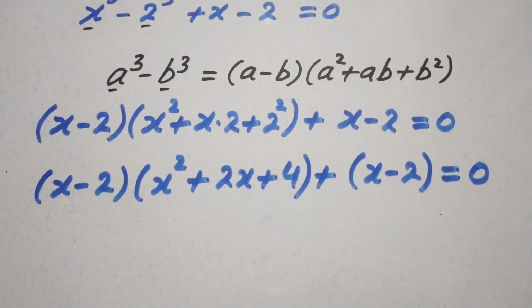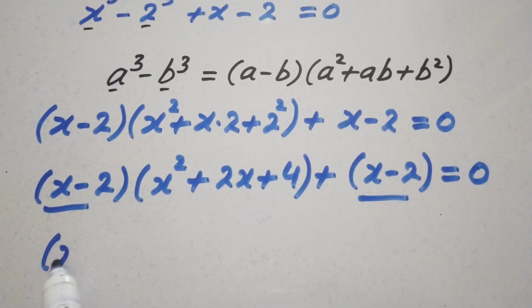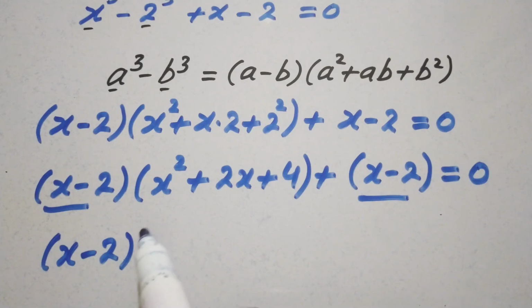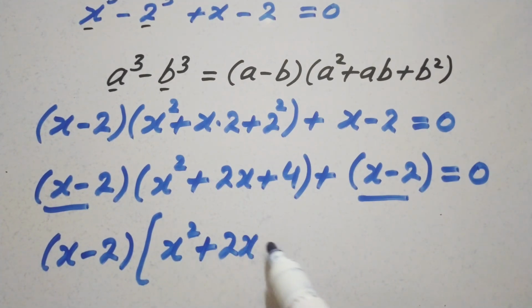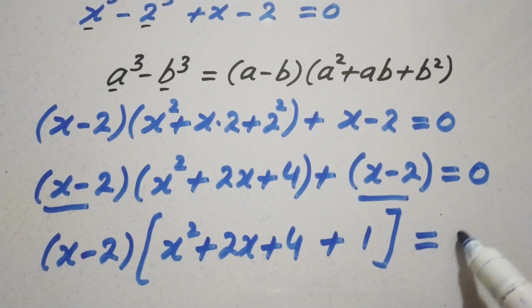Now we can factor out x minus 2. So inside the bracket, here x squared plus 2x plus 4 plus x minus 2, which we have taken it common. So inside here 1 will be left. And now these two factors will be equal to 0.